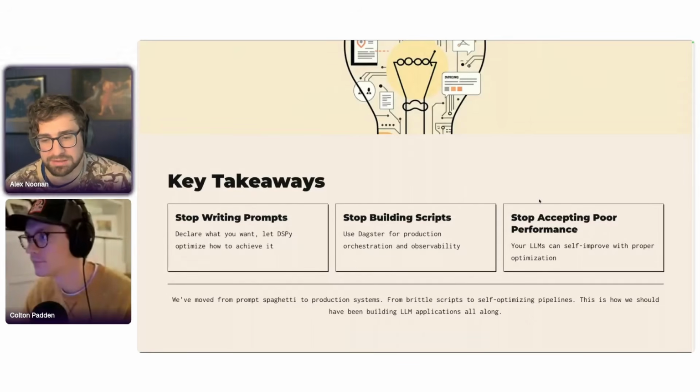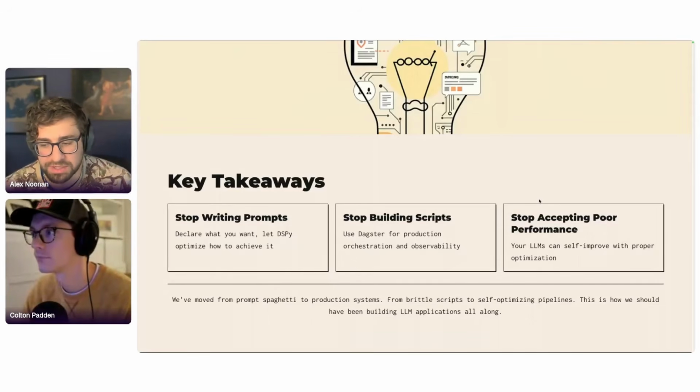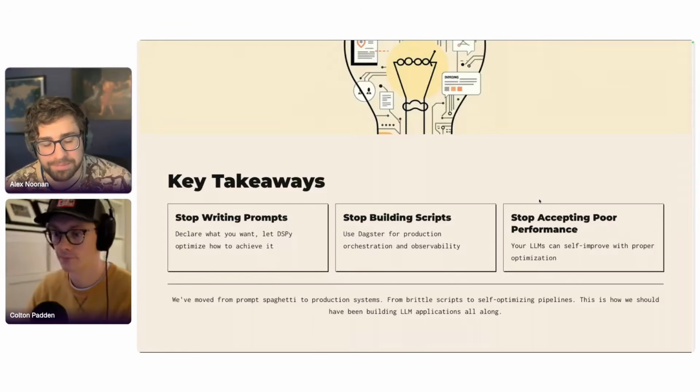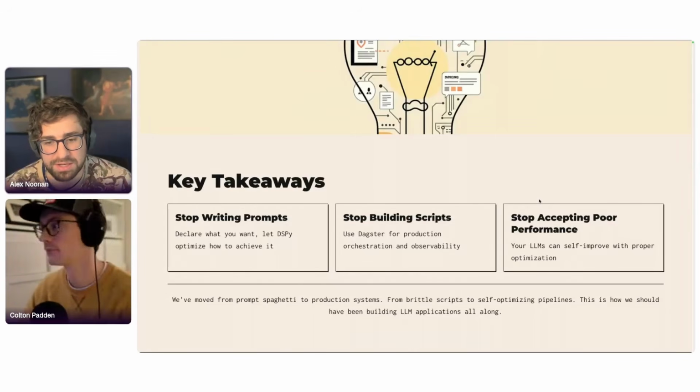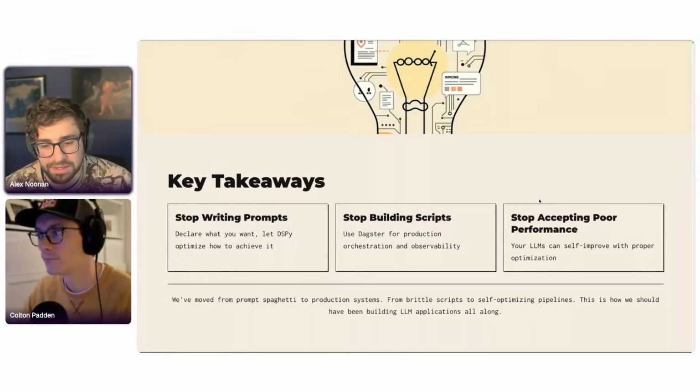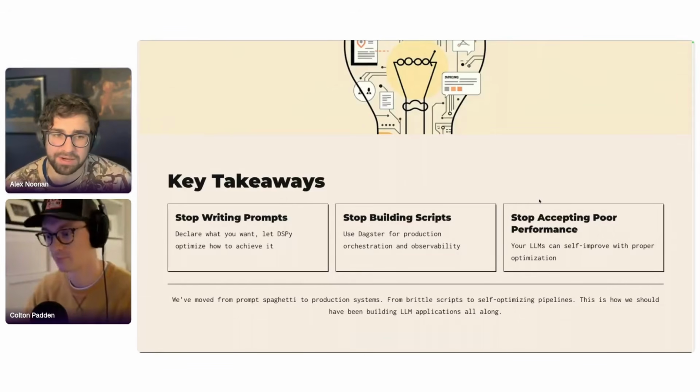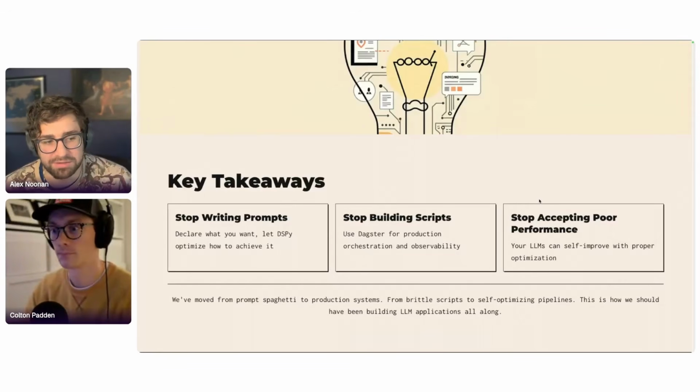And you can use Dagster to handle the production orchestration and observability. And you don't have to accept poor performance anymore. You can set benchmarks and take advantage of some of the really smart people out there that are building these frameworks to make it easier for you to develop production-ready code.